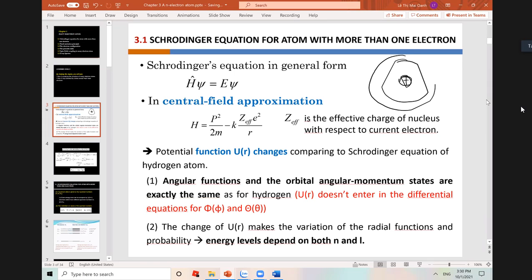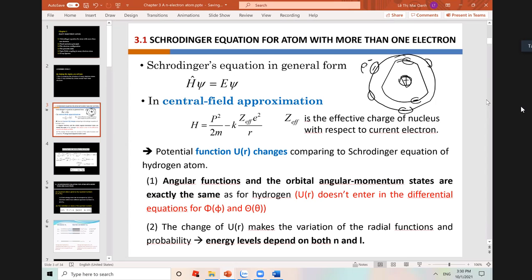This is the outer electron in the shell in many electron atoms. For example, you consider one electron here and one electron here, and you have a lot of electrons around. And here, you only consider one electron, for example, the electron at this position.